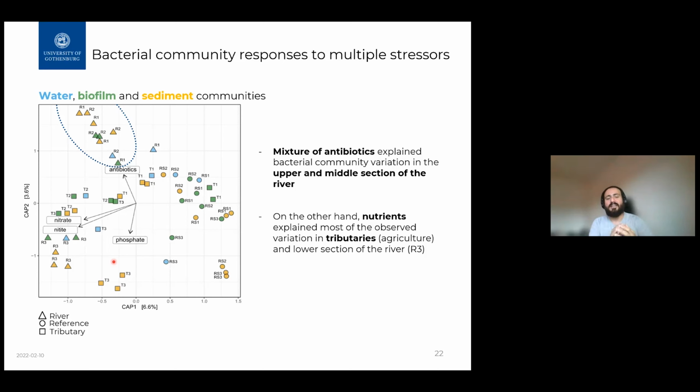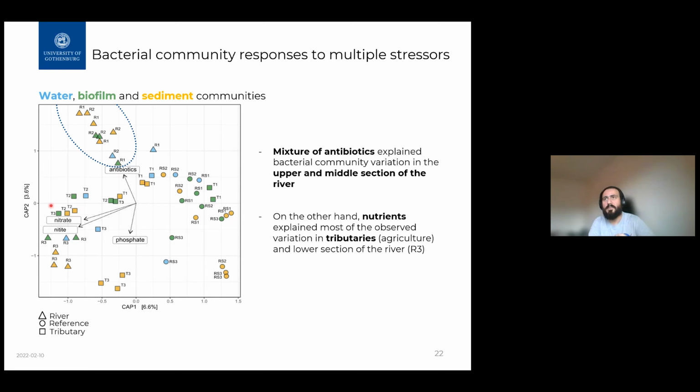And again, that analysis shows us very clearly that the mixture of antibiotics measured in the River Aconcagua explains very well the variance of River site 1 and River site 2 for biofilm and sediment, and River site 2 for our eDNA from water samples. And if you take a closer look at the rest of the significant variance, you can see that all nutrients, or at least those 3 nutrients, very well explain the variance from the tributary sites.